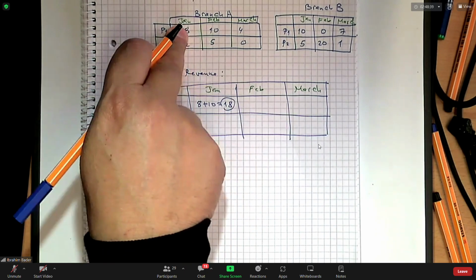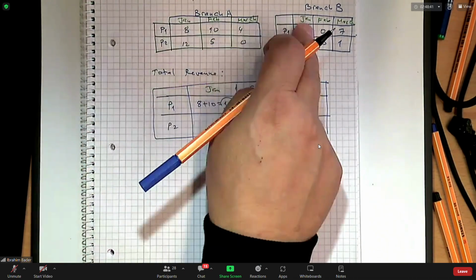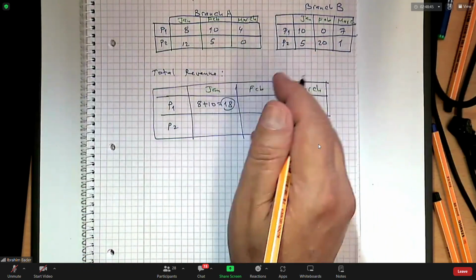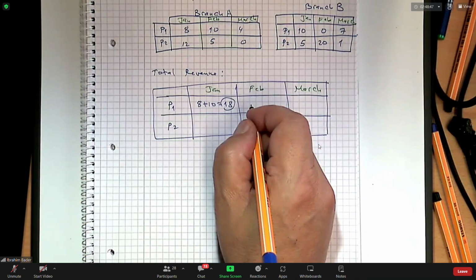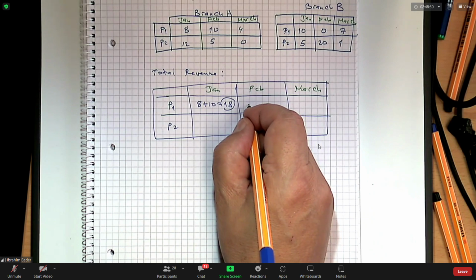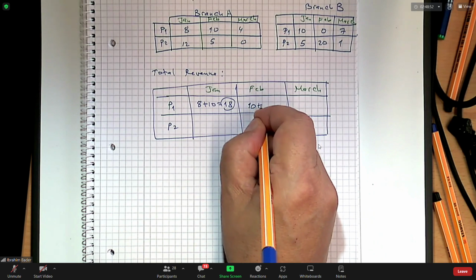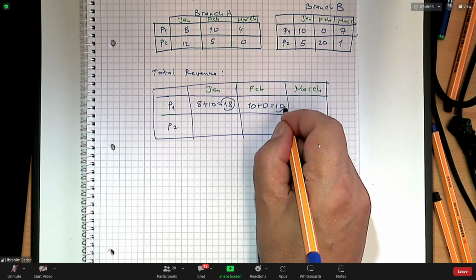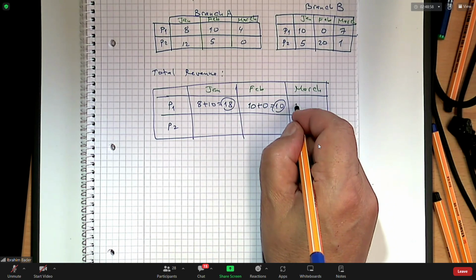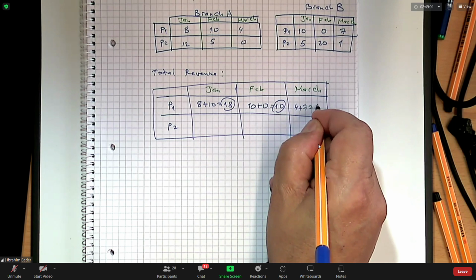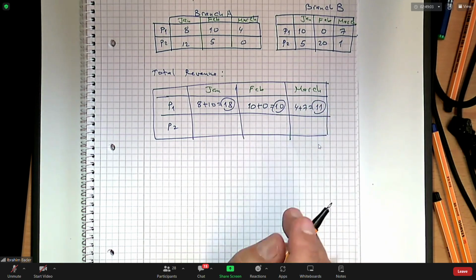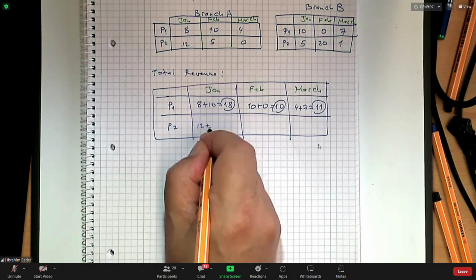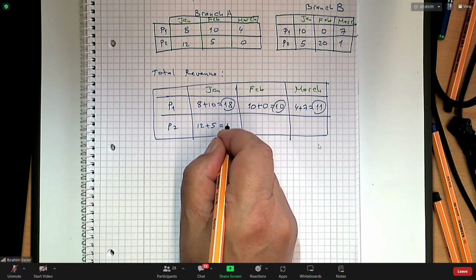So I added the first location with the first location. So January P1, and then I add February 10 plus 0. Then I add March 4 plus 7, 7, and so on. So this is how you might expect to use it in real life.